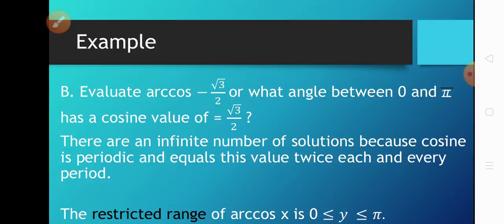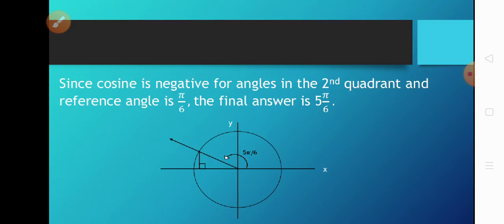The restricted range of arccos x is 0 less than or equal to y less than or equal to pi. Since cosine is negative for angles in the second quadrant and the reference angle is pi over 6, the final answer is 5 pi over 6. That's all.